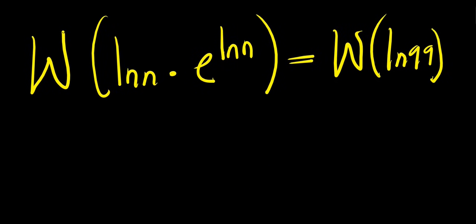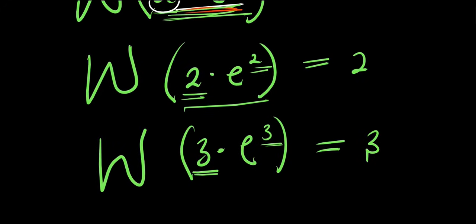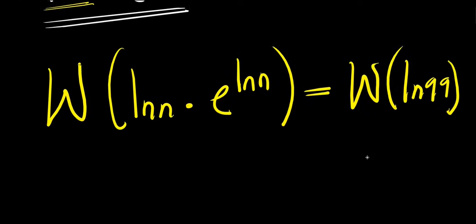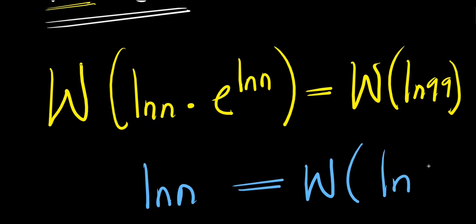And just like what happened here, when you apply the Lambert-W function here, you have 2, you apply it here, you have 3. So when we apply the Lambert-W function here, the result here is ln n, and this equals the Lambert-W function of ln 99.